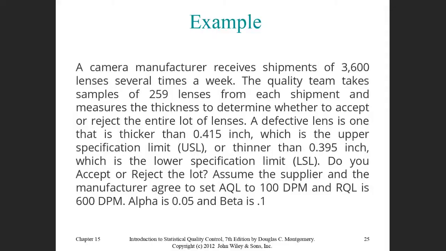Okay, this is the last example we have for the acceptance sampling. But in this case, we have it for variables, and it is a unique and interesting case. It has a different perspective on how you look at accepting and rejecting the lot.